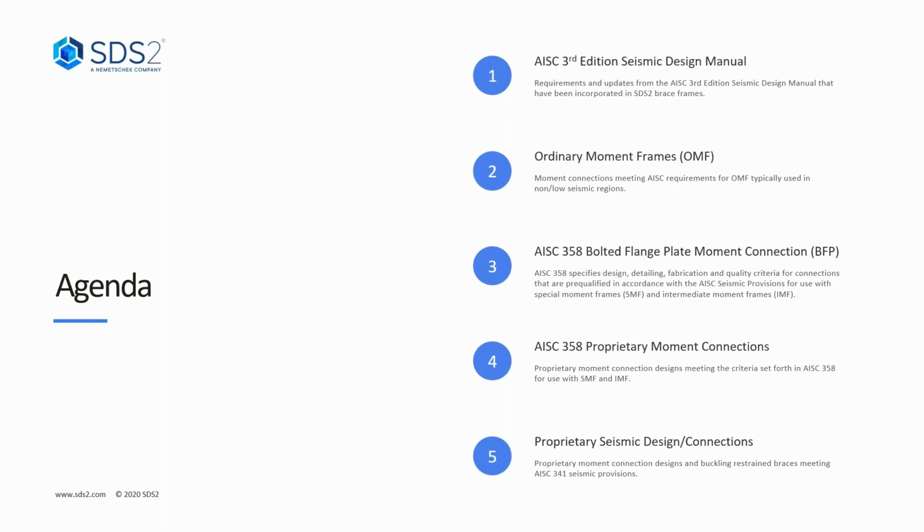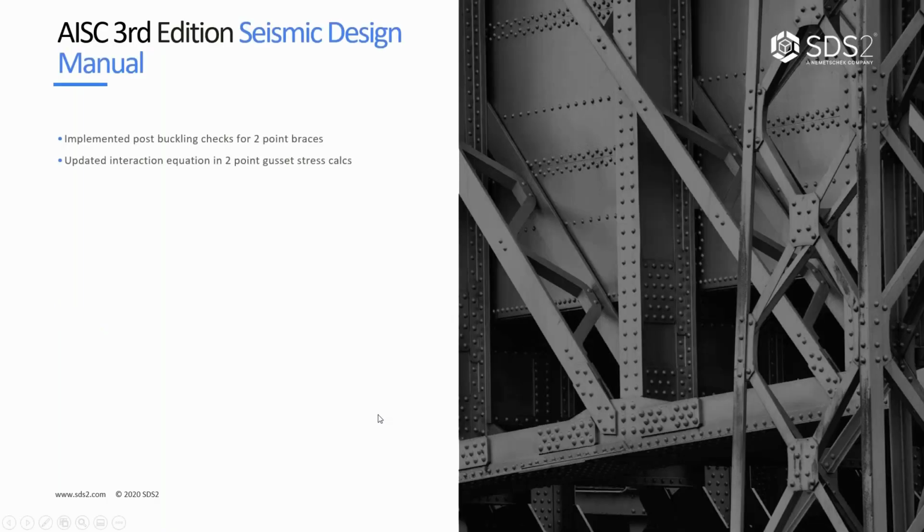And then we have some proprietary designs that are not in the AISC 358, because that's only for seismic moment frames. There's a couple of others. Core brace is a good example of this: that's a BRB, so it doesn't fall under AISC 358, but we do have a plug-in for it.